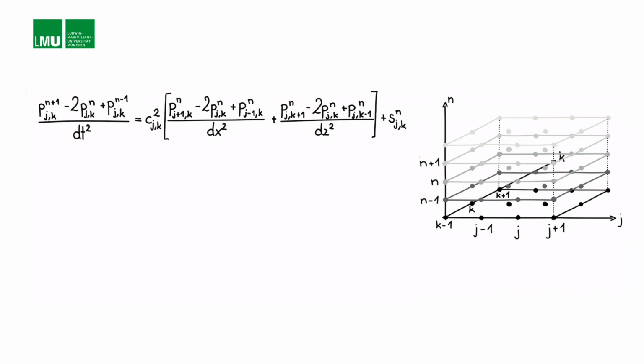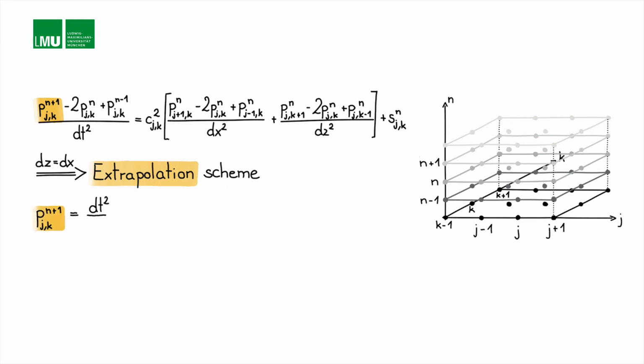And we can now proceed, as was the case in the one-dimensional case, to basically put everything that is not the field in the future at n+1 to the right-hand side. So that leads to our well-known extrapolation scheme. Basically, on the left-hand side, we only have the future value of the pressure field at jk, at time level n+1. That's basically our future time level.